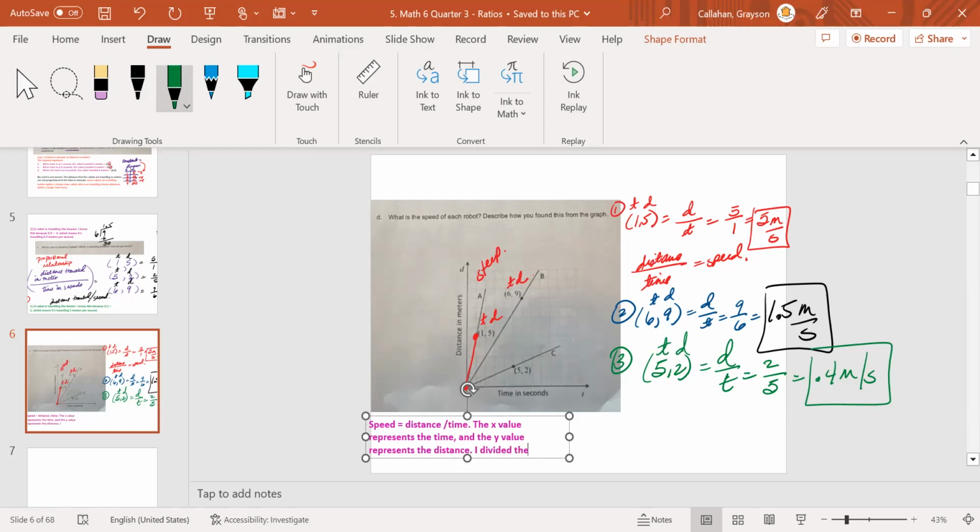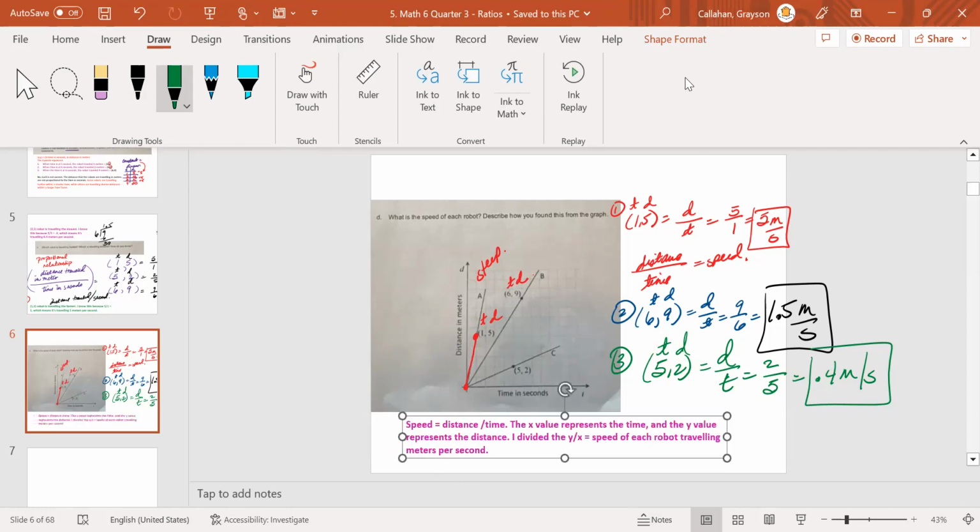I divided the y value by x, which equals the speed of each robot, traveling in meters per second. Okay? And that is it. That is your homework. And that concludes everything.